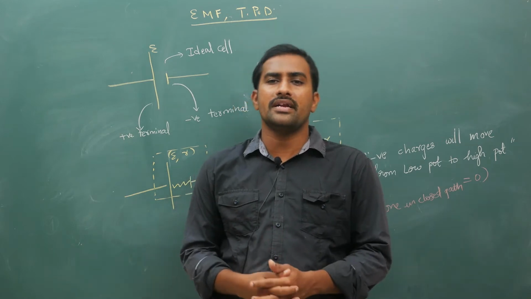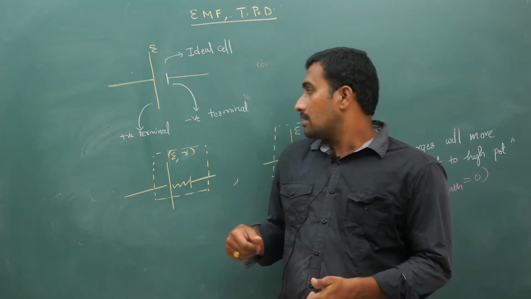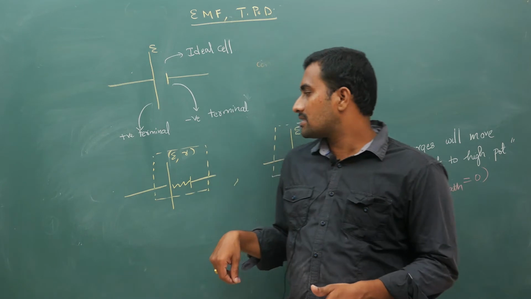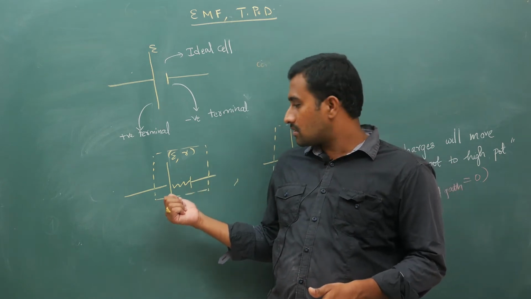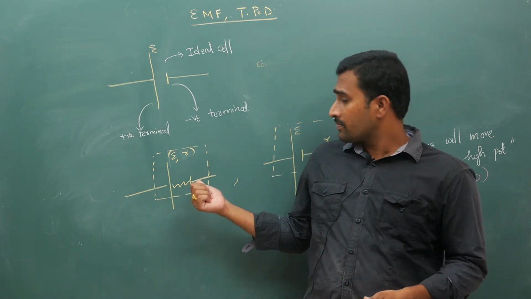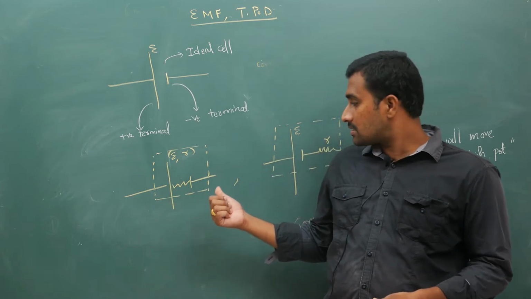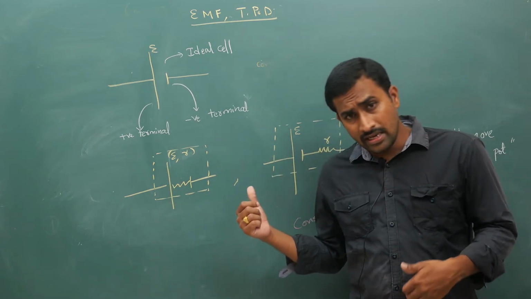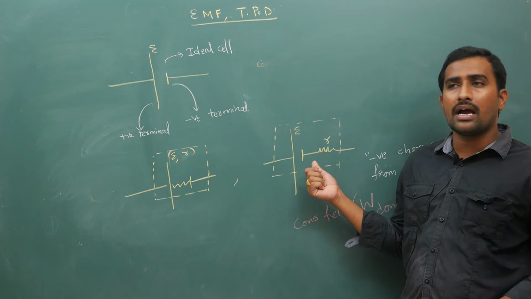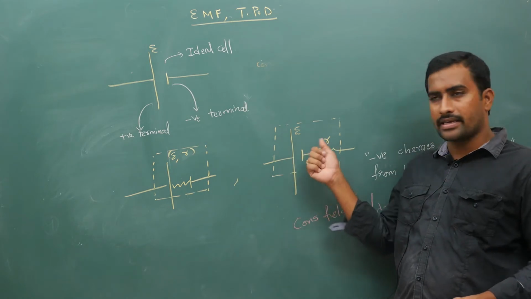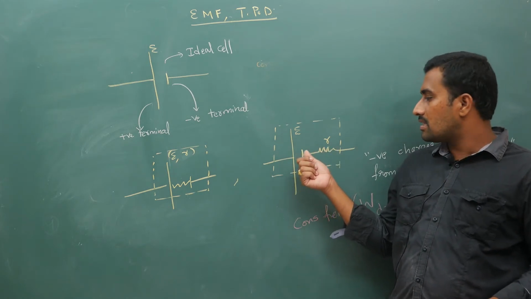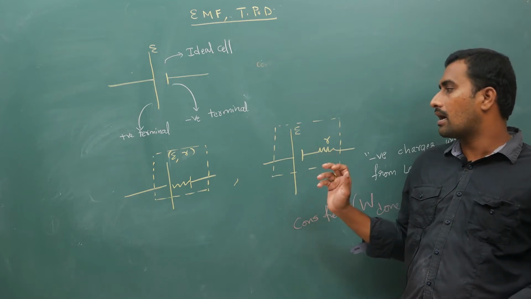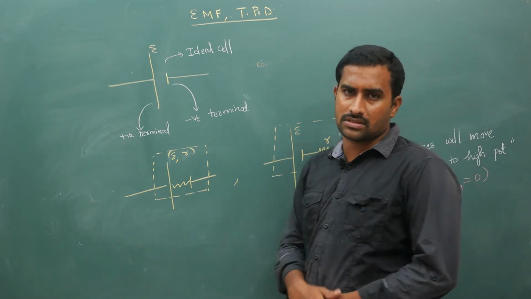Next, a cell with internal resistance is represented like this, where you will have a resistance in between, or in certain books you will have a cell with a box like this, which indicates that its EMF is E and internal resistance is R. Like this you will have cells.